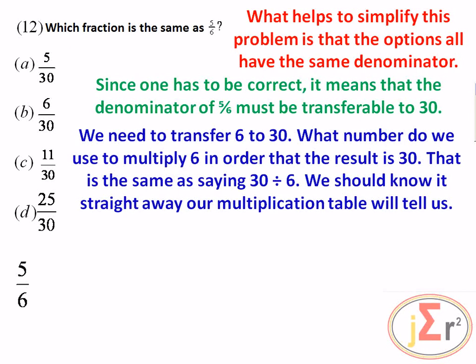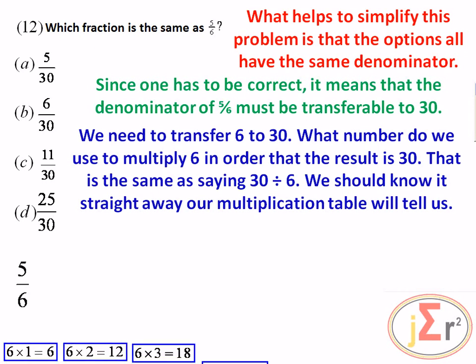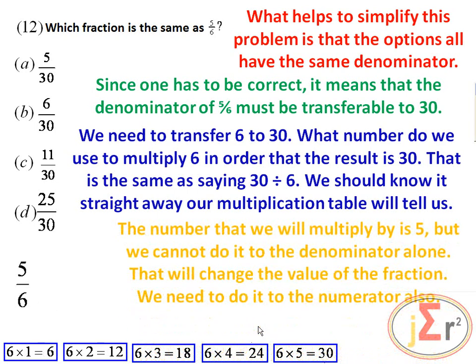We should know it straight away because of our multiplication table. 6 5s, 30. So we need to multiply this 6 by 5.